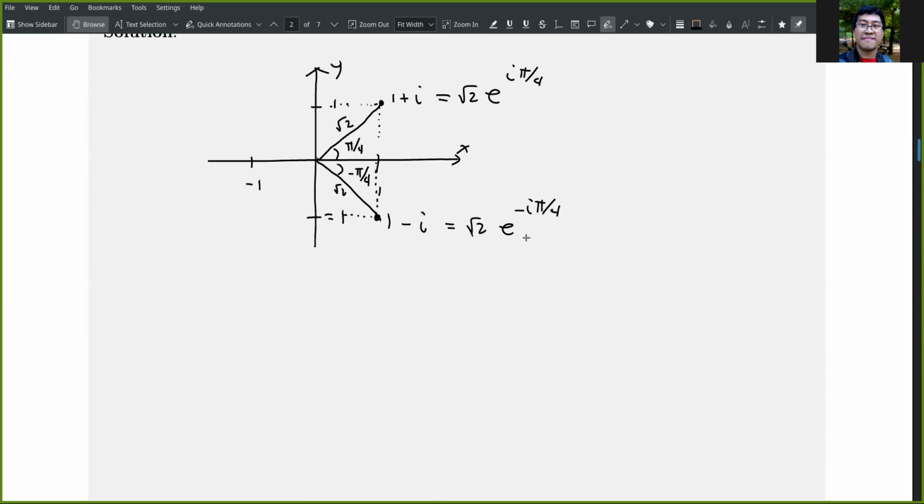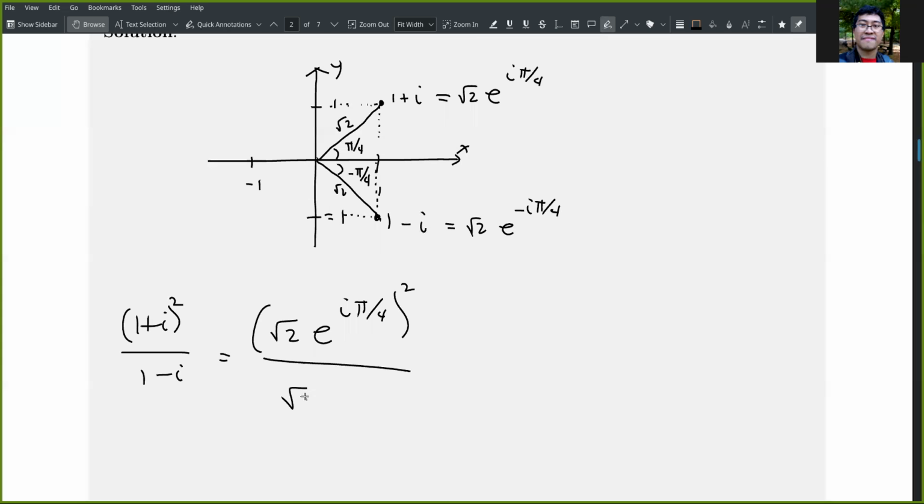So if you have 1 plus i squared divided by 1 minus i, that's square root of 2 e to the i pi over 4 squared divided by square root of 2 e to the minus i pi over 4. And that would be square root of 2 squared divided by square root of 2, that's square root of 2.